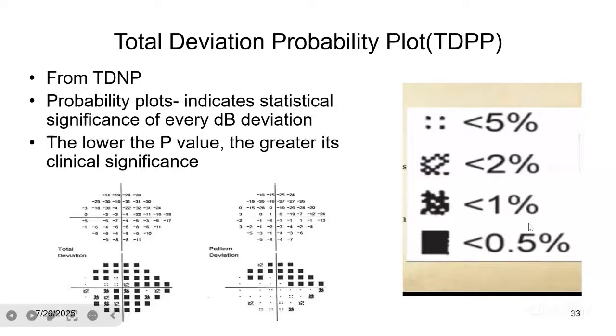That's why less than 0.5% is signified as something like an absolute scotoma, where we see the face. If the probability value is less than 0.5%, it means it's unlikely to be a normal finding in a normal population, which means there's something wrong with that point.